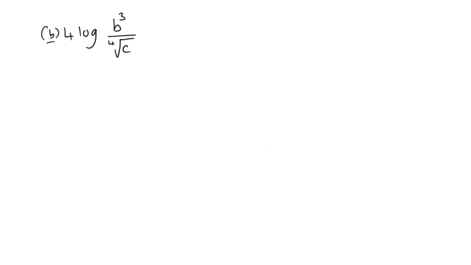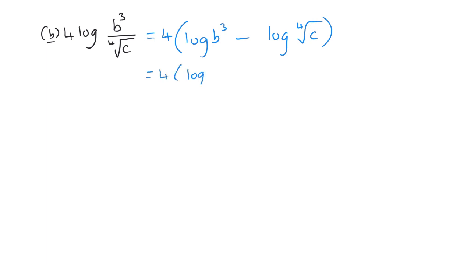Part B then, 4 log of B cubed over the 4th root of C. So I'll keep a 4 out. And then it's the log of a quotient, so we're dividing, so we'll take away. So that's the log of B cubed minus the log of the 4th root of C. So the 4th root of C is the same as C to the power of a quarter.